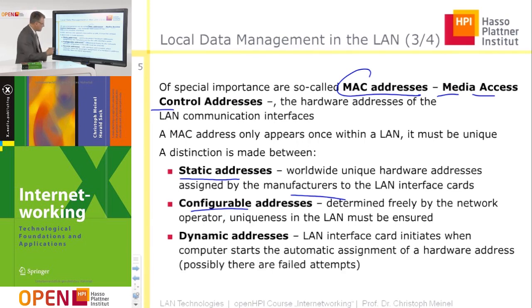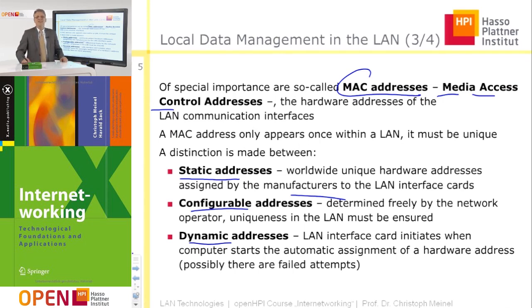And then, as a third, interesting group, there are the dynamic MAC addresses. Here the LAN interface card initiates automatically, when it starts to work in a local net, when it is connected with a local area network, the assignment of a hardware address.